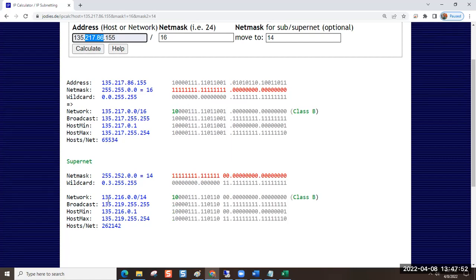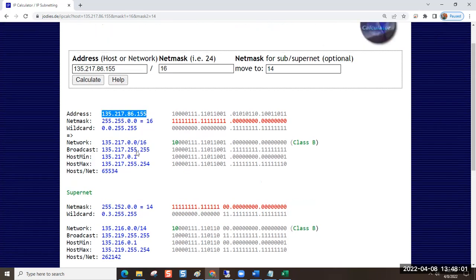So the original was 135.217.86.155. That means the network address was, if I take a /16, this is the host address, this is the network identity. This all makes sense for what we've learned so far. The network identity in the original network for a /16 was 135.217.0.0/16. Gateway would be .0.1.